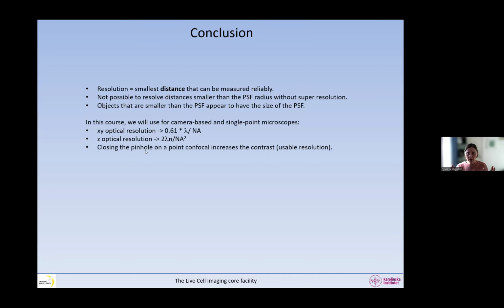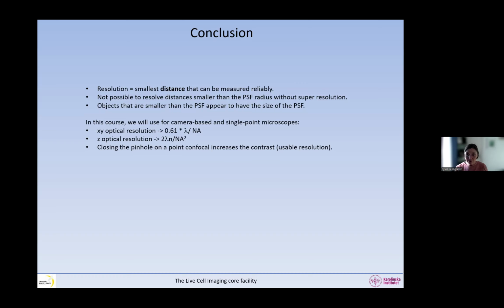We consider that if you close the pinhole, you will increase the contrast and the usable resolution. And we need to realize that if you close the pinhole more than one Airy unit, you actually increase the resolution. If you have a very bright sample and the need for high resolution, you can think about this. You do not have to put your pinhole at one Airy unit systematically.